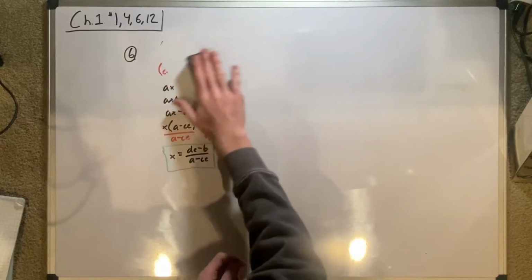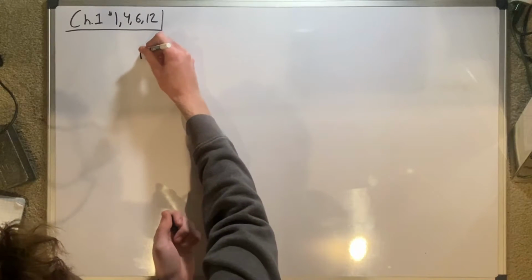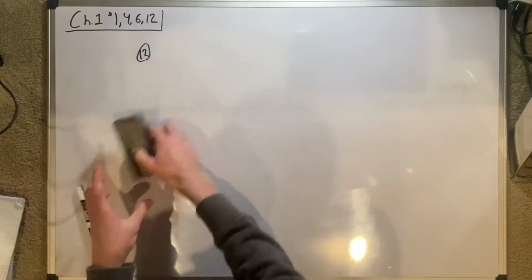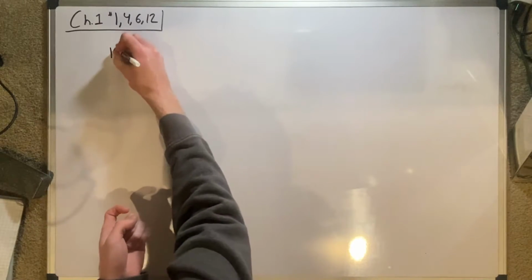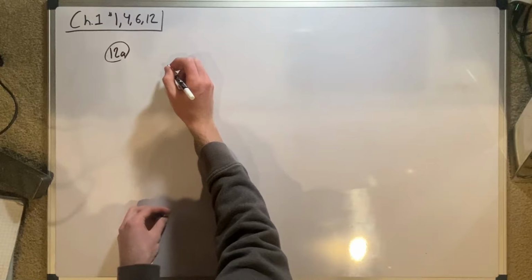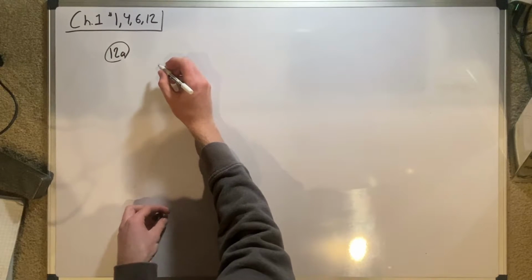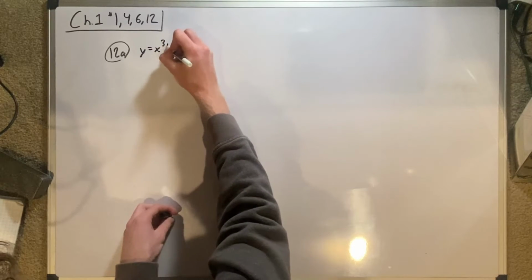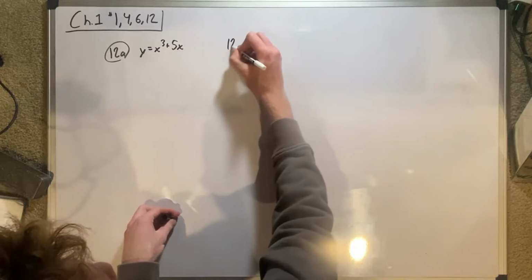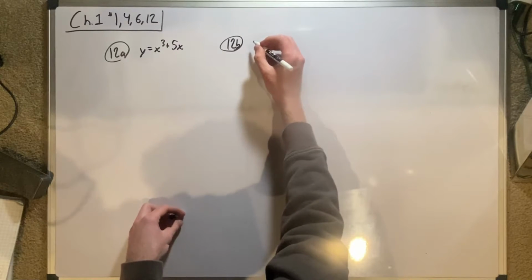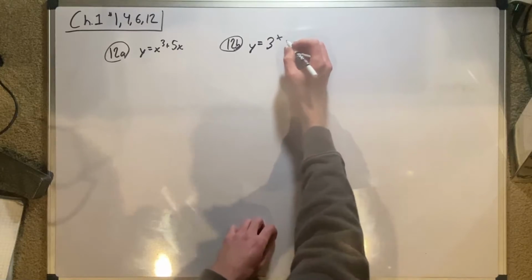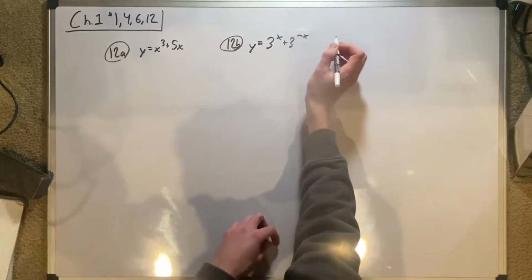All right, now let's move on to number 12. There are actually 3 parts to number 12. We have 12a, which states y is equal to x to the third plus 5x. 12b is y is equal to 3x plus 3 to the negative x.